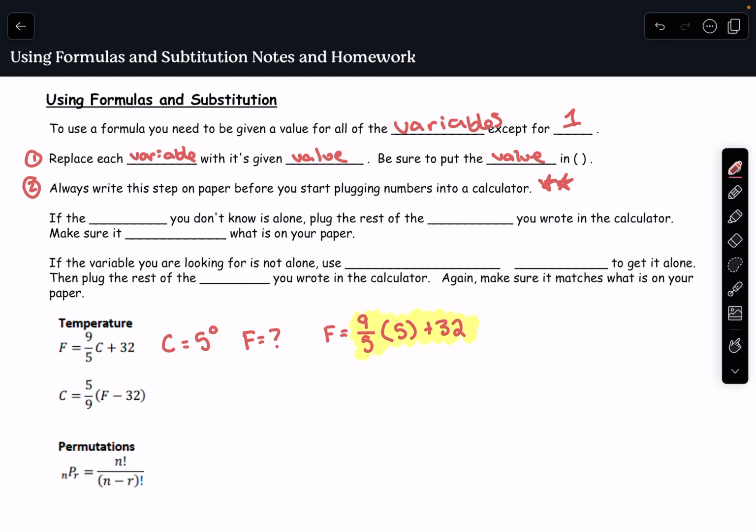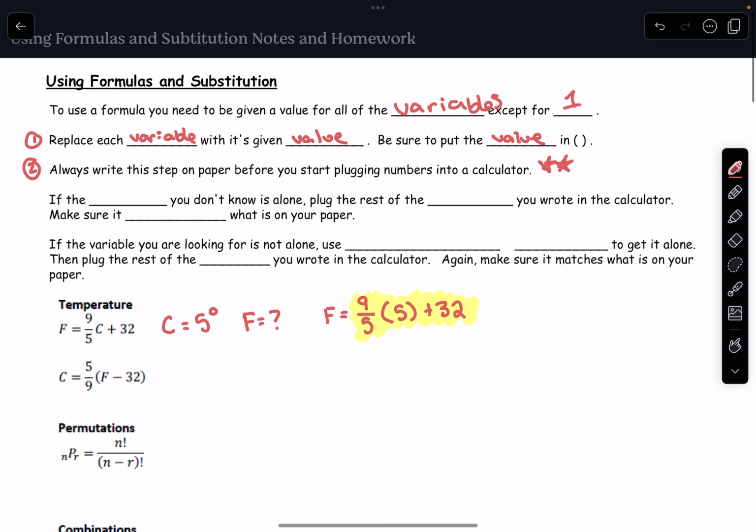The calculator knows how to do math, but it doesn't know what you want it to do if you don't tell it. That parenthesis helps the calculator do things in the right order. And it's not always necessary. Sometimes the calculator will still do it correct without the parenthesis, but there's a lot of times that the parenthesis helps it do it in the right order, so it's a good habit to just get into.